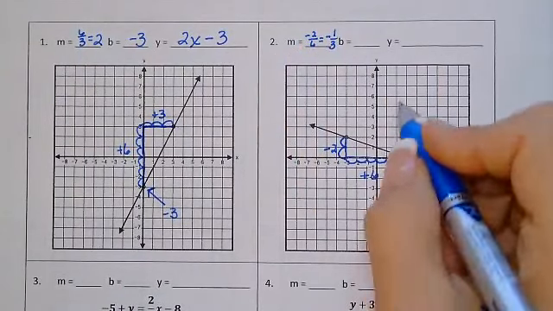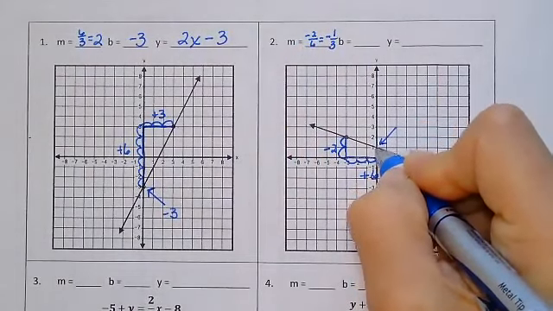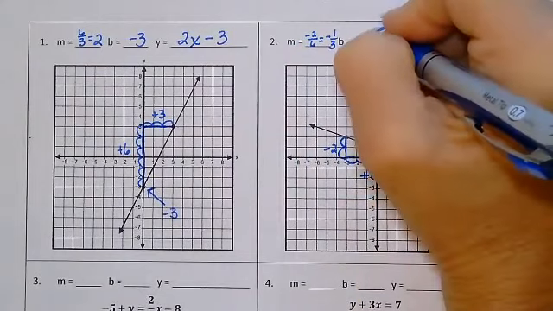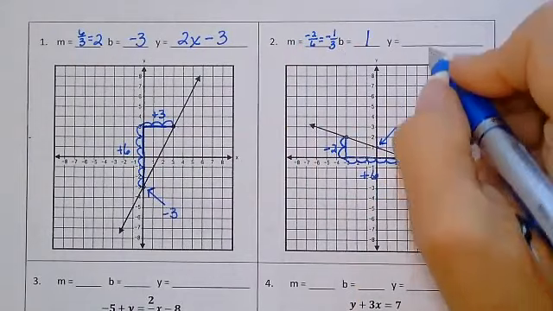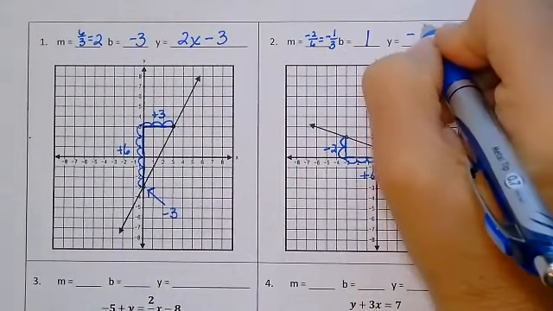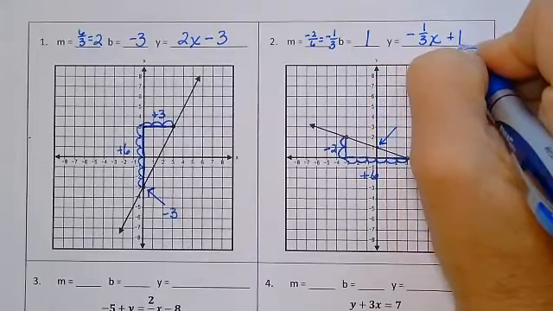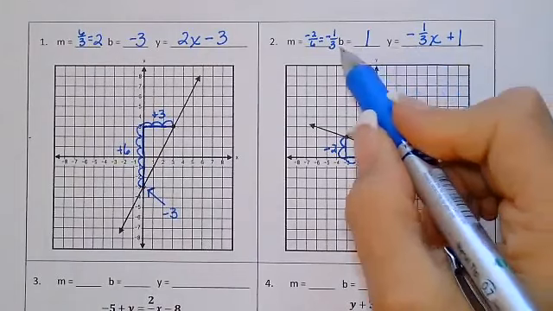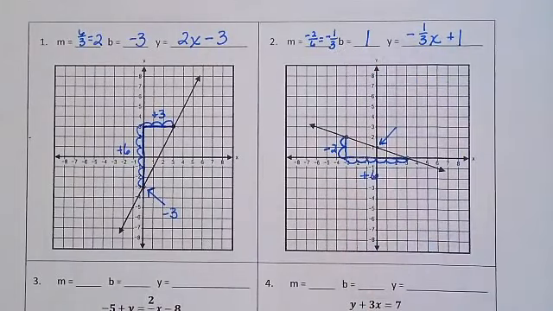Okay, y-intercept. Right here is where it intersects the y-axis, which is at 1. So that is 1. Put it in slope-intercept form. Y equals -1/3 x plus 1. Y equals m x plus b.